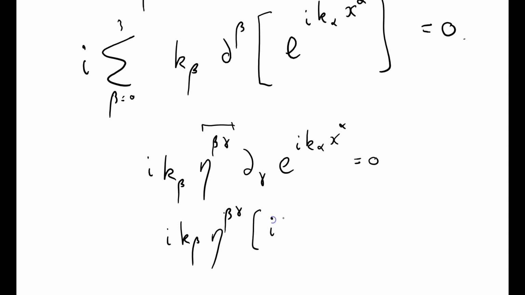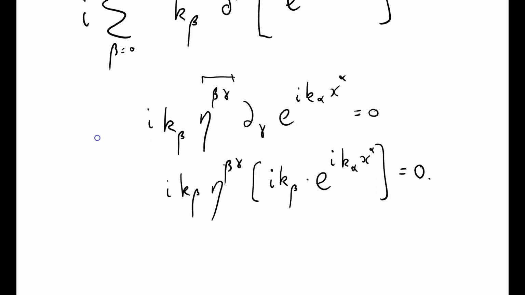We've got i k subscript beta times e to the i k alpha x alpha, close square brackets, equals 0. i times i is minus 1 times, I'm just going to reorder it a little bit, beta gamma k beta again.